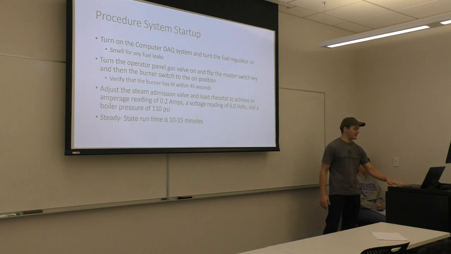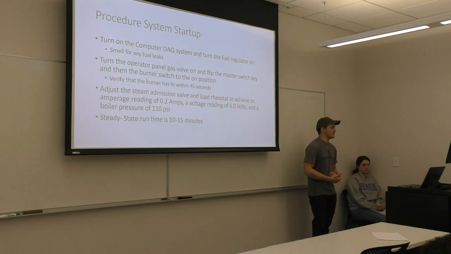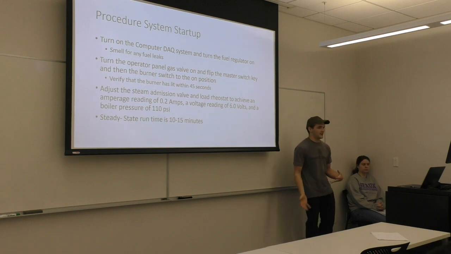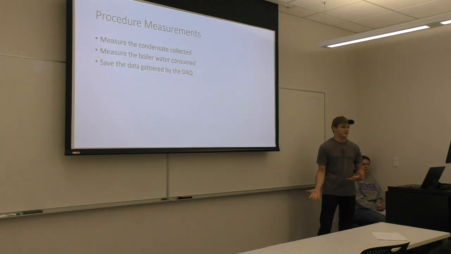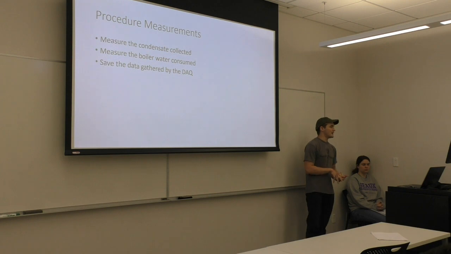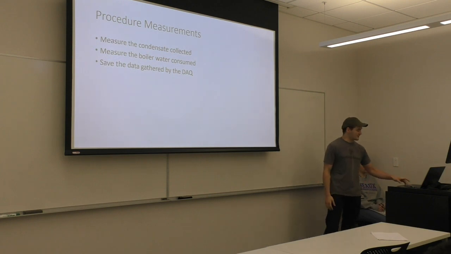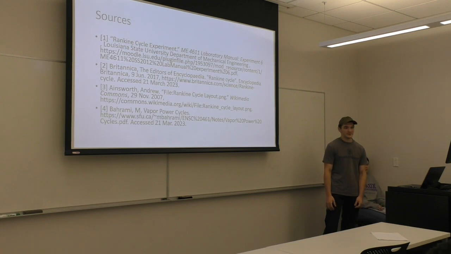You have to make sure you're not leaking, and then we turn everything on, and once it's heated enough, you set it to output about 0.2 amps and 6 volts, with a boiler pressure of about 110 psi, and then let it run for 10 to 15 minutes. And then we measure the condensate collected, measure what's left in the boiler, and save all the data, and that's pretty much the experiment. Then it's all data interpolation.